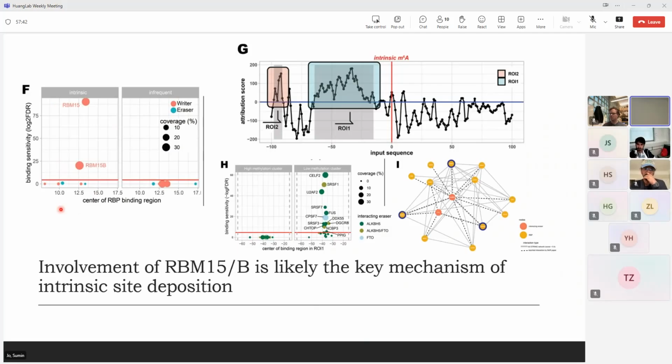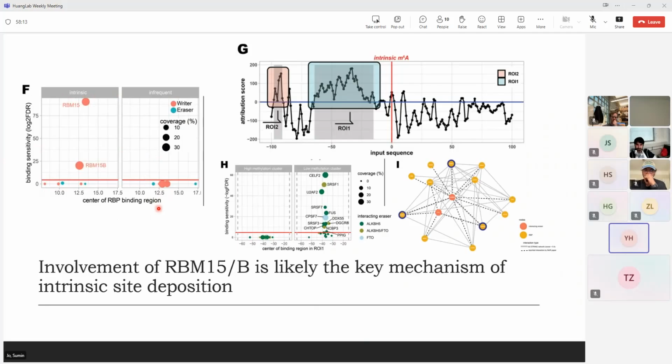Not 25 base pair. I just examined everything, and then compared and analyzed the center of the binding region from each site. The binding region was similar, pretty much like 12.5 base pair away from the intrinsic sites or infrequent sites, but their binding sensitivity was significantly higher near the intrinsic sites only, but not the infrequent sites.